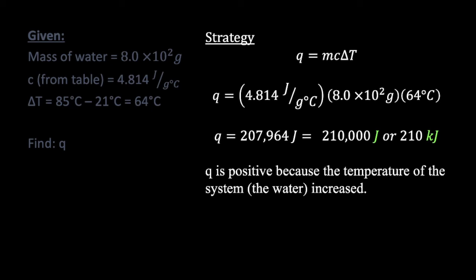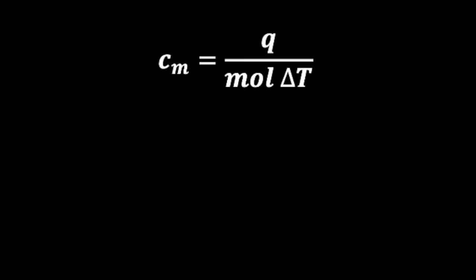The last type of heat capacity is called molar heat capacity. It has the symbol C with a little m next to it. And this is the amount of heat required to raise the temperature of 1 mole of a substance by 1 degree Celsius or Kelvin. And this is the equation for it.